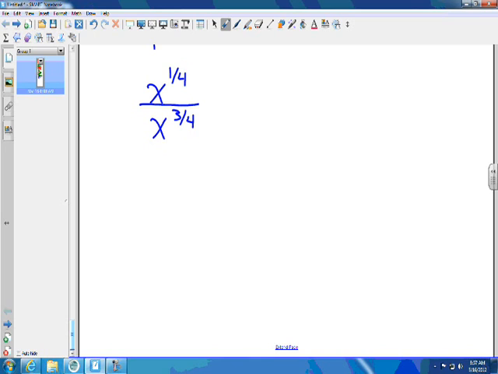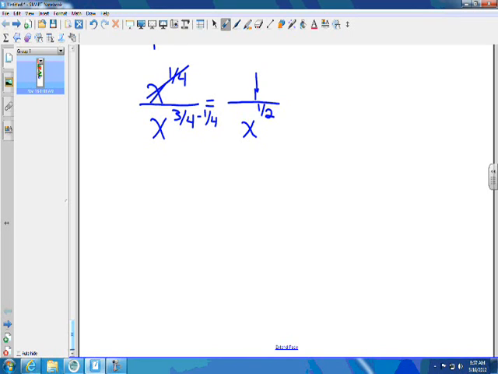So where's your smaller exponent? In the what? So we take that to the bottom. What's left on the top? On the top, 1, and we do 3/4 minus the 1/4 and get x to the 1/2.